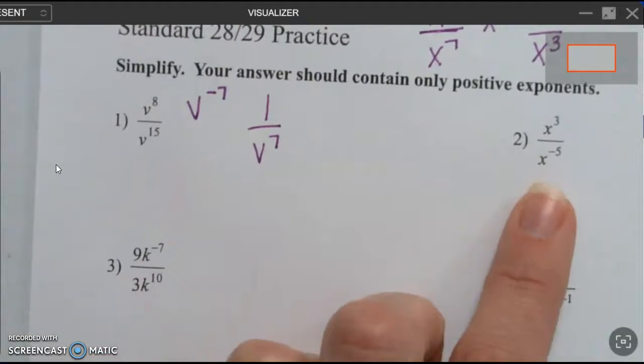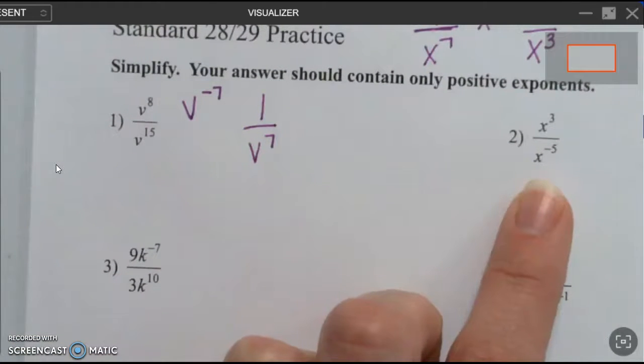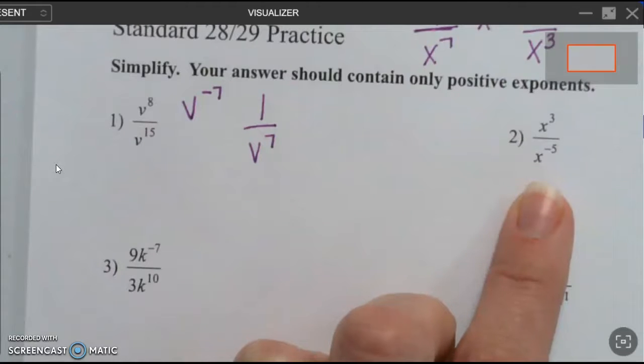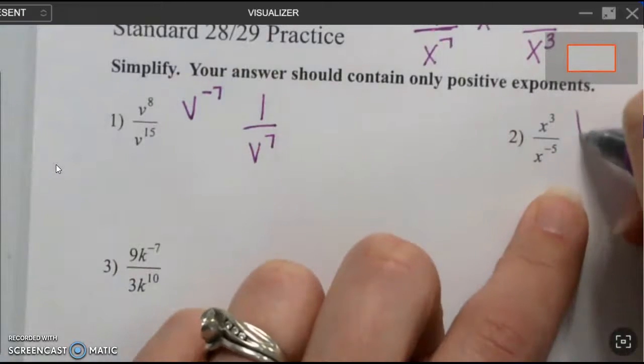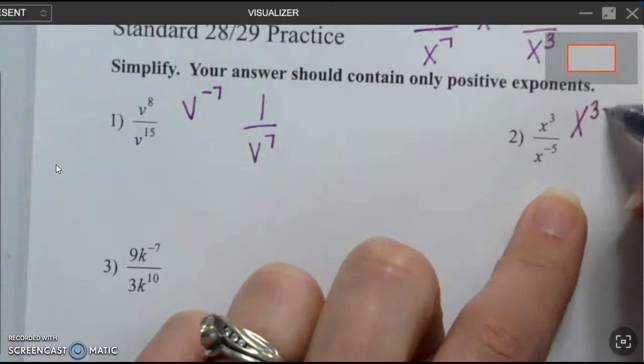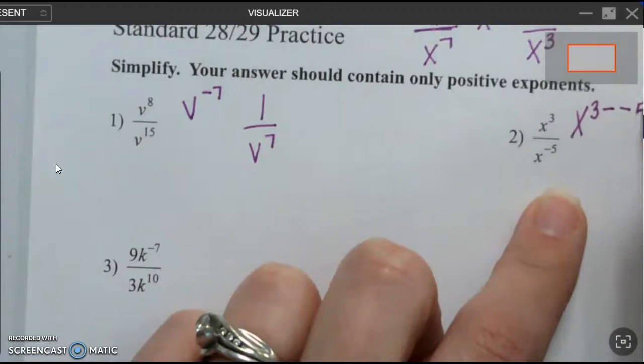So over here on number 2, it's x to the 3 over x to the negative 5. Grab a calculator, okay? Because someone in the room is going to think to themselves that that answer is negative 2. It's not negative 2. It's 3 minus a negative 5. So this is x to the 3 minus negative 5, which would give you x to the 8.